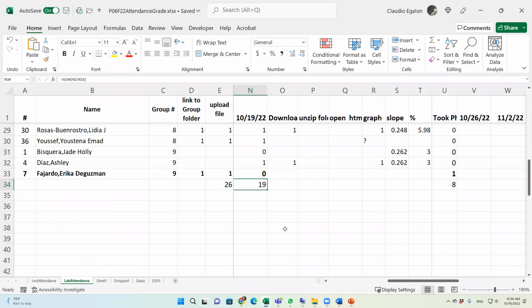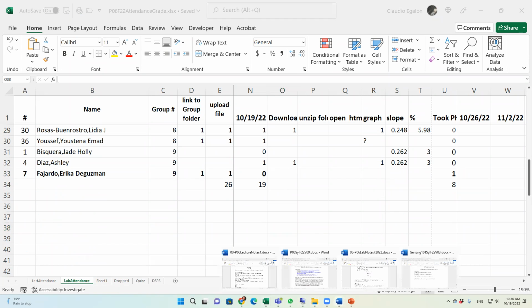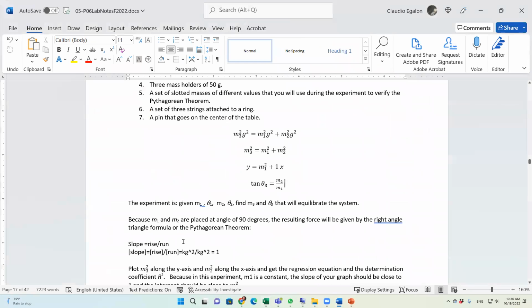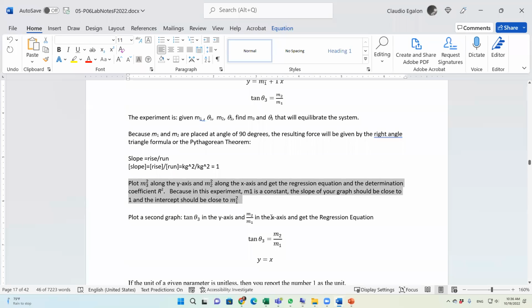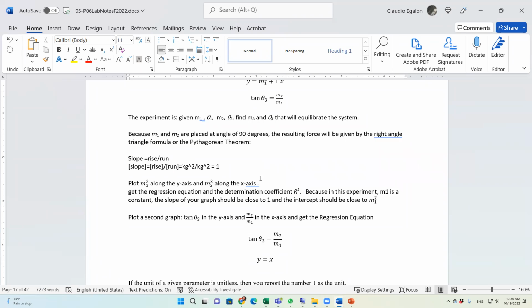Okay, so the first step is to plot M3 square along the y-axis and M2 square along the x-axis. Get the regression equation and the determination coefficient.